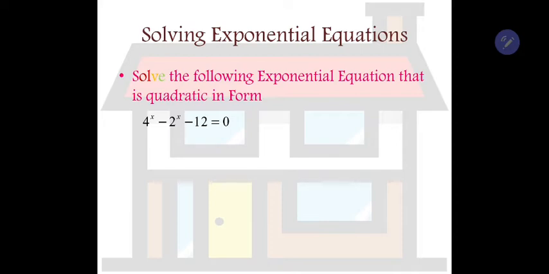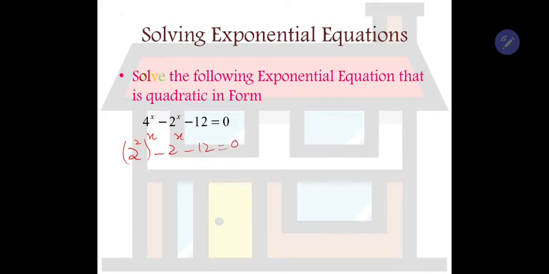Solving exponential equations. Solve the following exponential equation that is quadratic in form. Here you can see we have 4 to the power x minus 2 to the power x minus 12 is equal to 0. Now, this 4 to the power x can be written as 2 squared to the power x, because 2 squared is 4, minus 2 to the power x minus 12 equals 0.